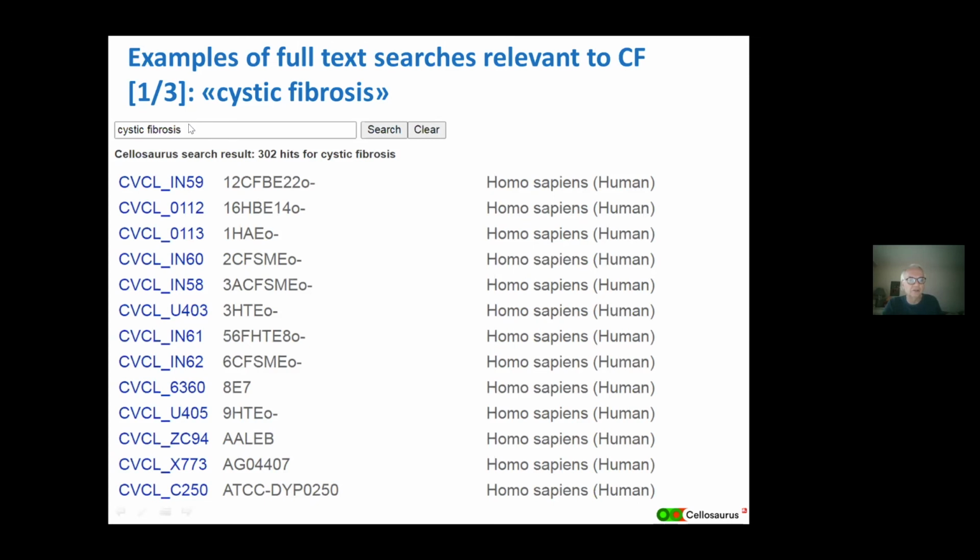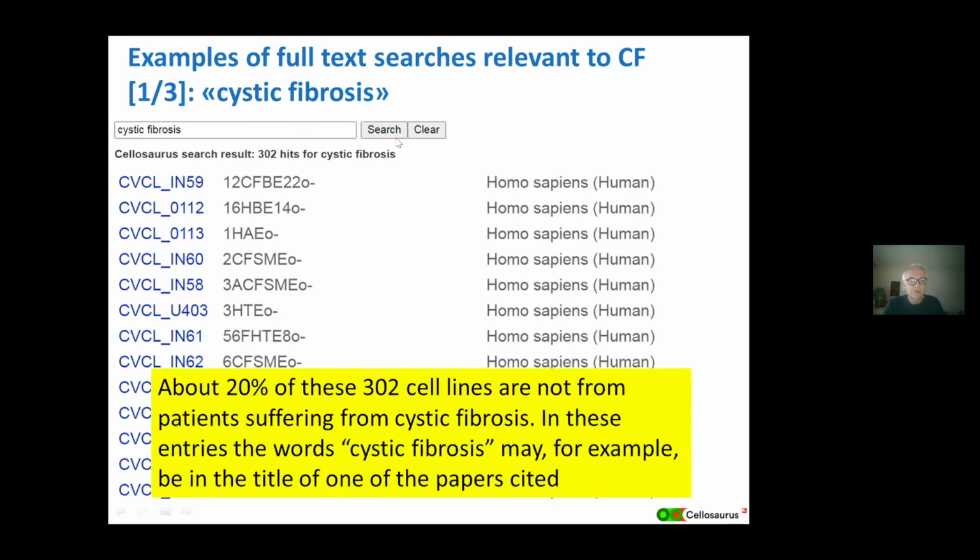If I search for cystic fibrosis, I get 302 hits, but 20% of those cell lines are not from patients suffering from cystic fibrosis. The words cystic fibrosis may have been in the title of one of the papers or elsewhere.